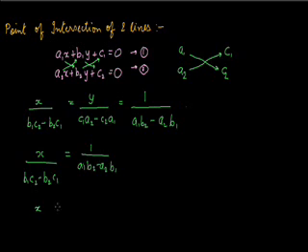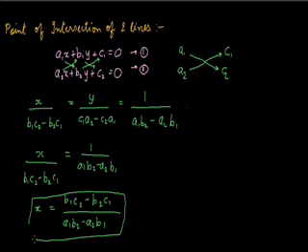Which results in x equal to b1 c2 minus b2 c1 whole upon a1 b2 minus a2 b1. So x gives me this value, where x is the x coordinate of the point of intersection of the two lines.